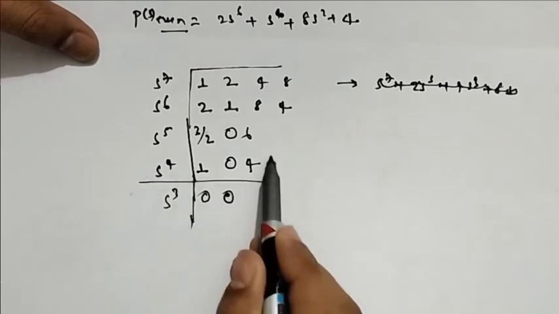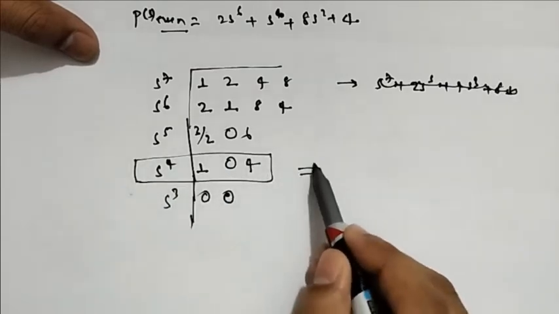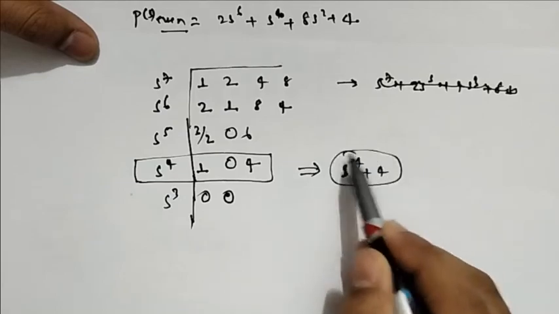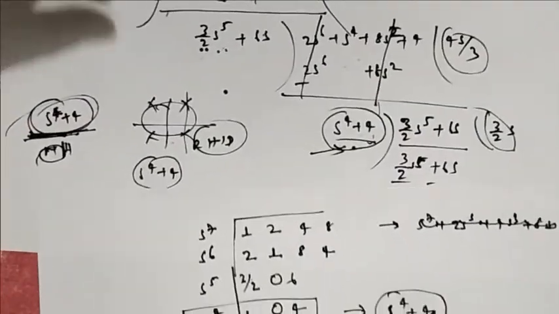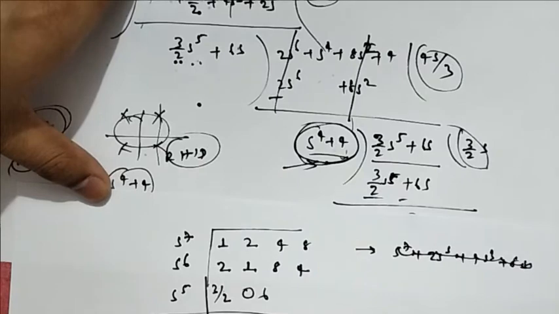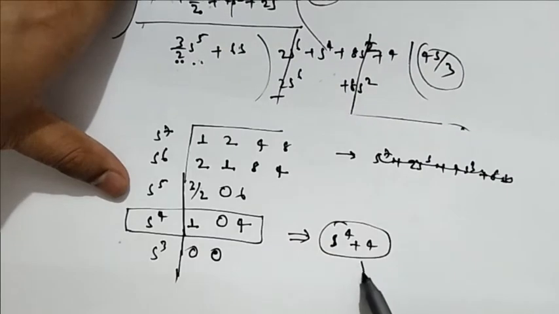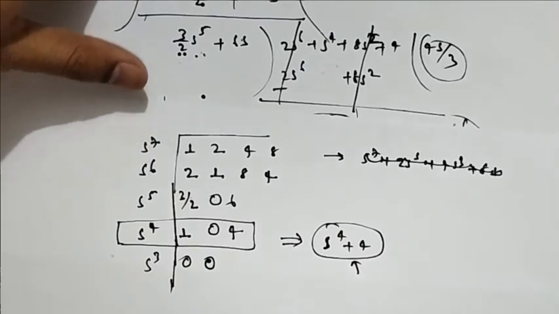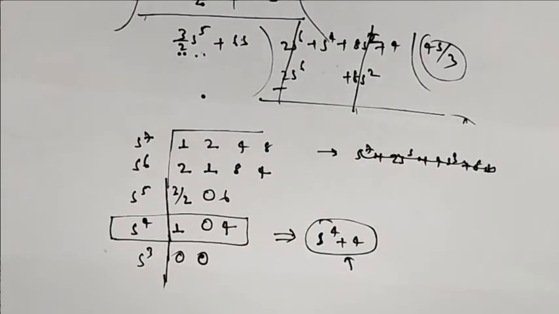From here we came to know the last divisor is s to the power 4 plus 4, and from this continued division we got s to the power 4 plus 4. Now we need to check this polynomial, and what is left with us, the remaining polynomial.